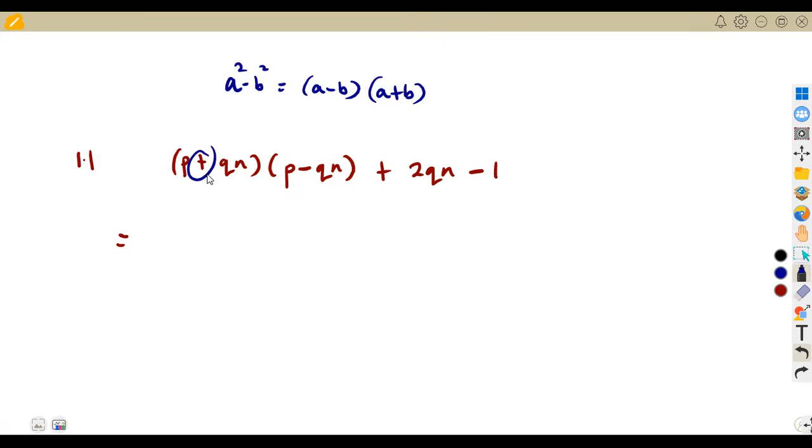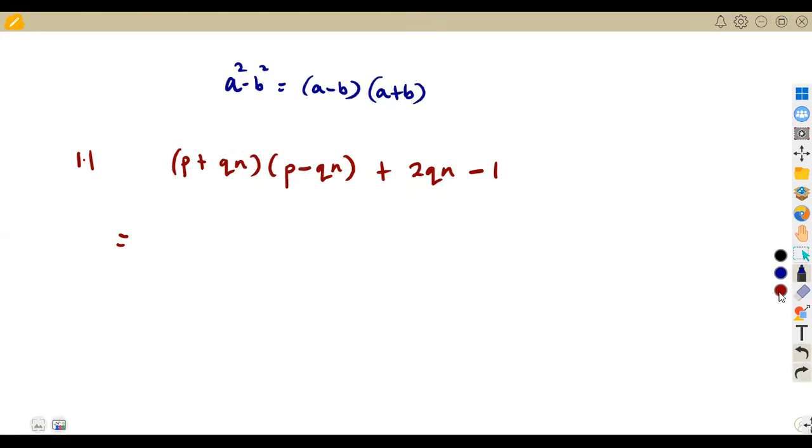Even though this one starts with a positive and a negative, that one is not a matter of fact, okay? What is important is that we have a p here. This is Qn, this is Qn. Separated, another bracket with a positive, another one with a minus. So meaning to say, we're going to square this, and we're also going to square this. We will square them, a squared minus b squared, okay?